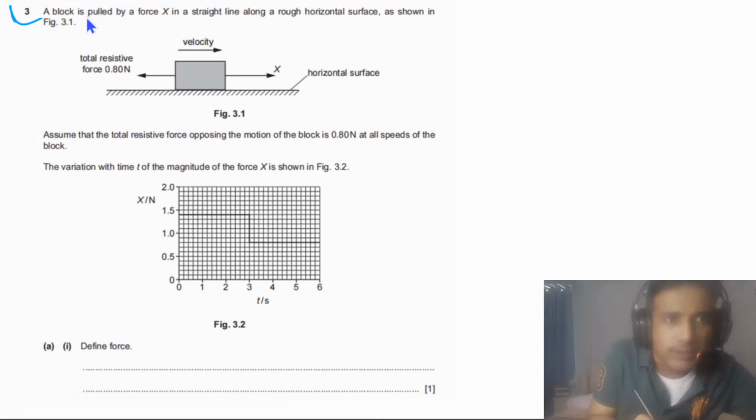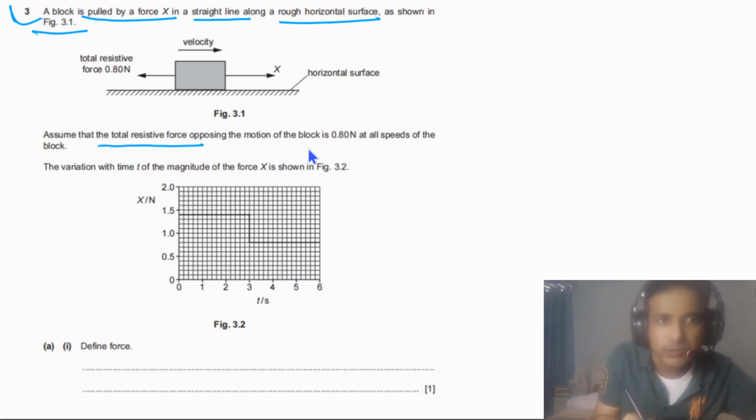Question 3 says a block is pulled by a force x in a straight line along a rough horizontal surface as shown in figure 3.1. Assume that the total resistive force opposing the motion of the block is 0.80 N at all speeds of the block. The variation with time t of the magnitude of the force x is shown in figure 3.2.